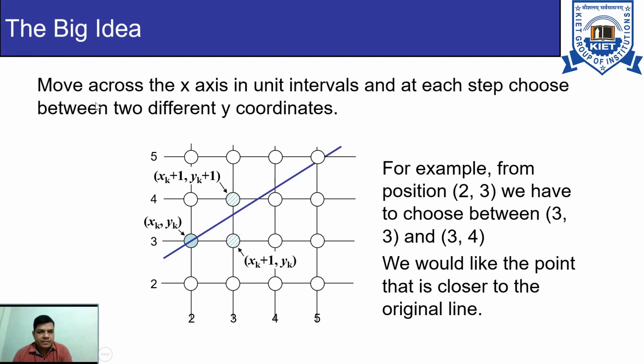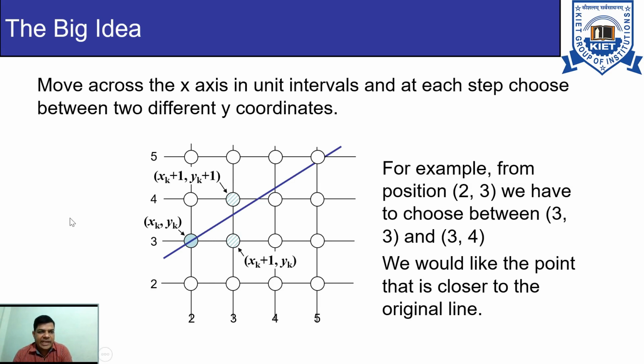Now, we are assuming that whatever line we are drawing through Bresenham's algorithm has a slope less than 1, and this is our assumption.